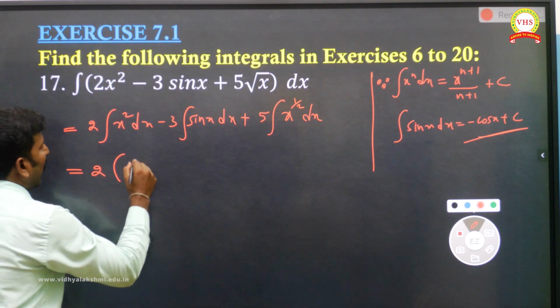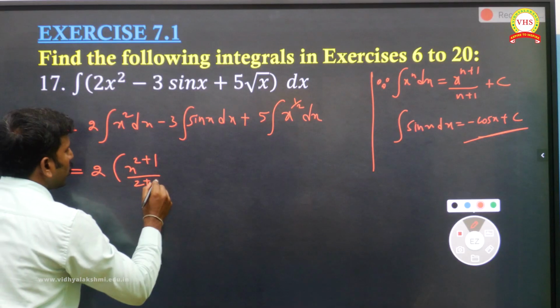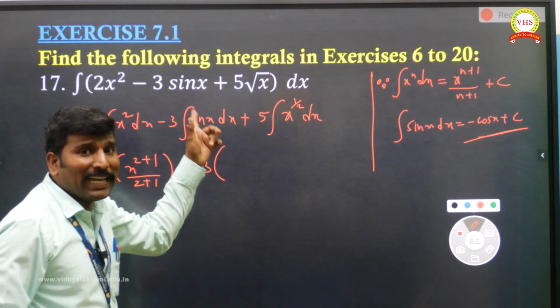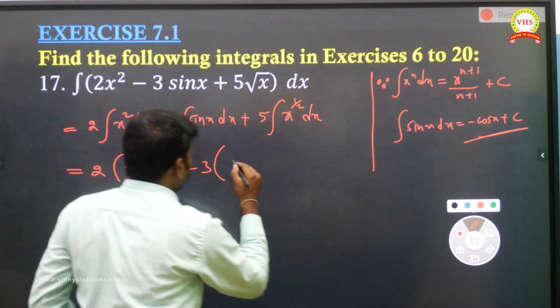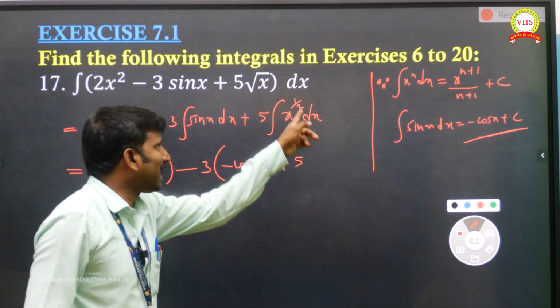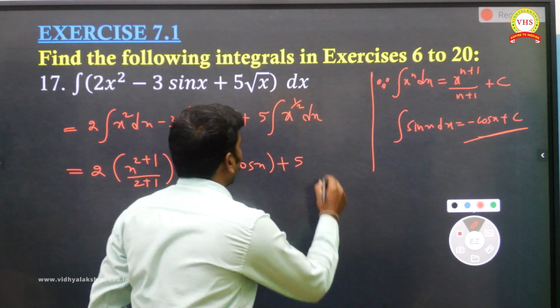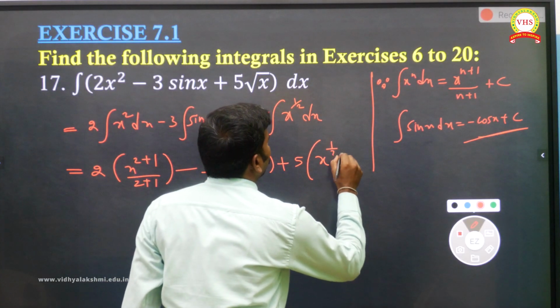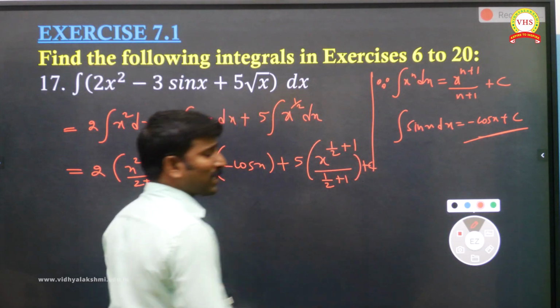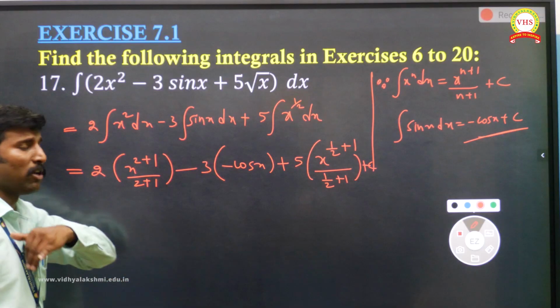So what will you get? x power 2 plus 1 divided by 2 plus 1, minus 3 into integral sine, which is minus cos, I mentioned. Minus cos. Plus 5 into, here n value is 1 by 2, first formula. So x power 1 by 2 plus 1 divided by 1 by 2 plus 1, overall plus c. That's it. If we simplify, it will be over.